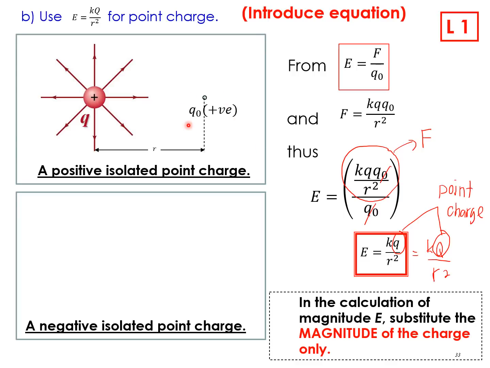If there is a positive test charge and you want to determine the direction of electric force, the direction depends on both the sign of the point charge, which is positive, and the sign of the test charge, also positive.